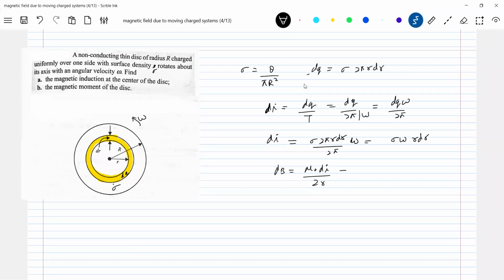So this is mu naught sigma omega r dr by 2r. R gets cancelled, so mu naught sigma omega by 2 dr. Integrating from 0 to capital R, the field strength is mu naught sigma omega R by 2. This is the field strength at the center, at O.